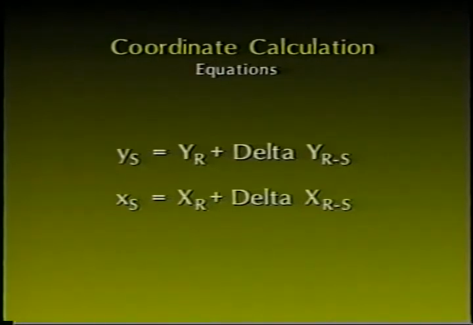Assume a coordinate is given for station R, and given delta y and delta x, you are asked to determine coordinates for station S. The equations for computing coordinates for station S are Y of S equals Y of R plus delta Y RS. X of S equals X of R plus delta X of RS.